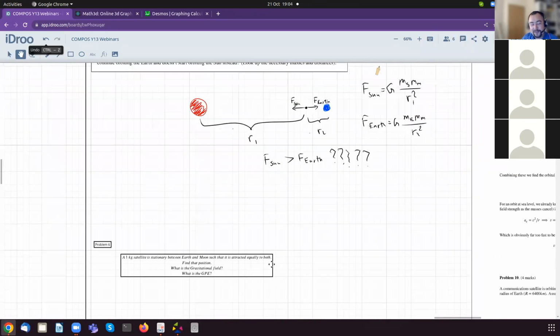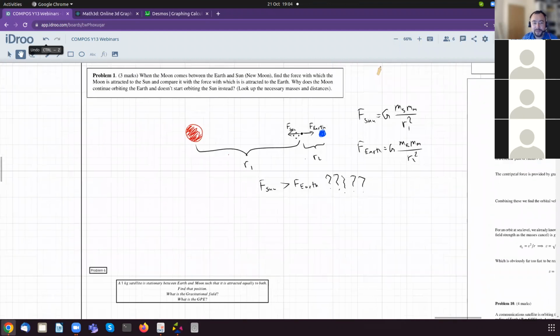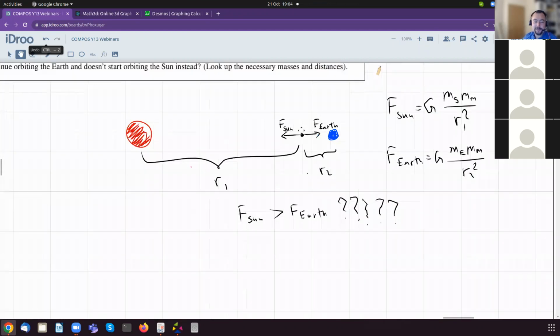But what do you mean? At the moment when the moon is going between the Earth and the sun, it's moving perpendicular, straight ahead, perpendicular to the line connecting the Earth and the sun. It has no momentum either way whatsoever. It can start orbiting the sun, or it can start orbiting the Earth.